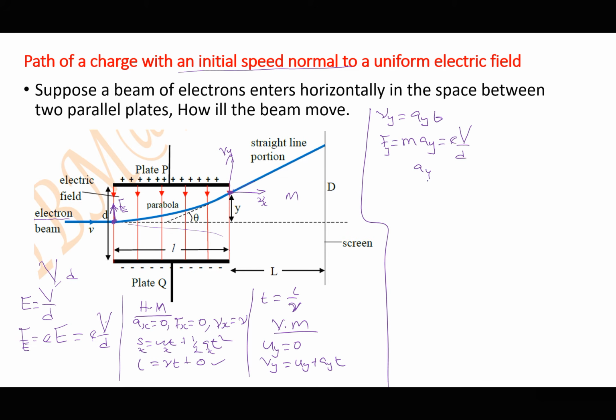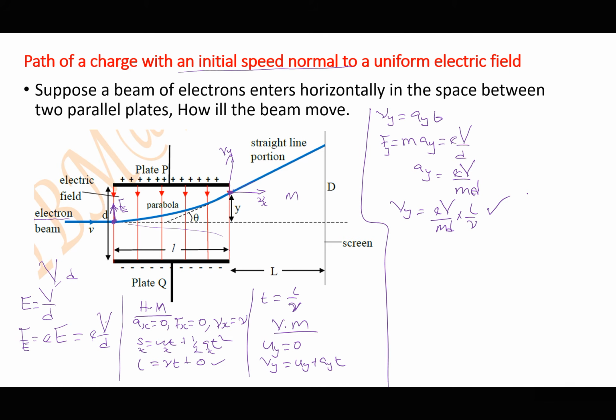That means acceleration in the y is going to be E times V divided by m times d. That means the velocity in the y can be looked at as E times V over m times d, then times t, where t is L over v. So that is times L over small v. That can be the velocity in the y.